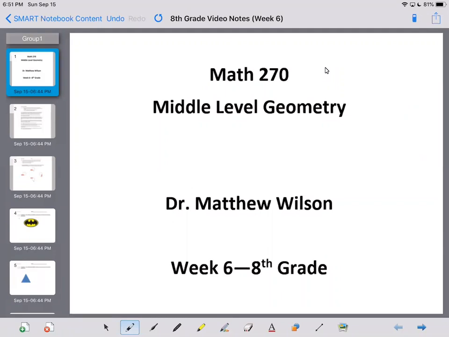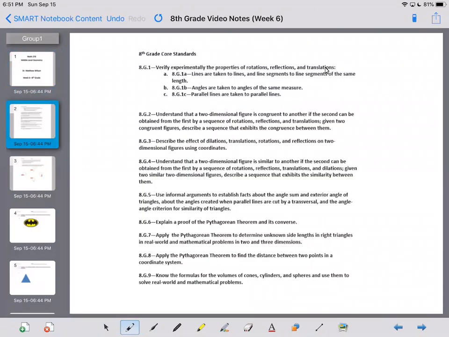measurement and data. But with 8th grade, we're strictly looking at 9 geometry standards. You can see these that are given. And we're going to look at different types of transformations. So transformations is kind of like this umbrella.